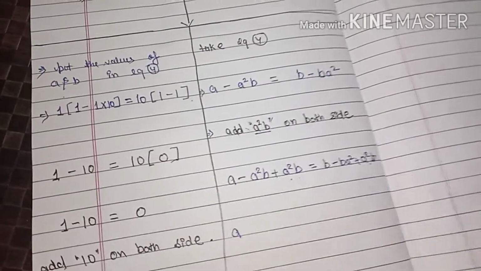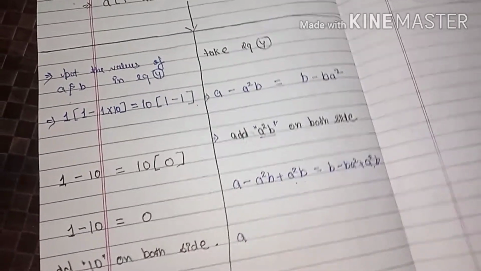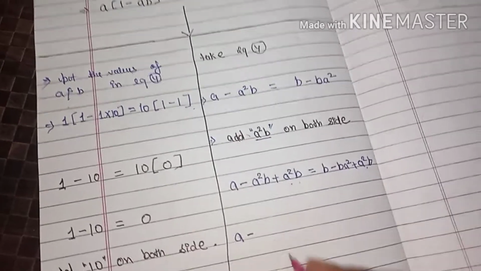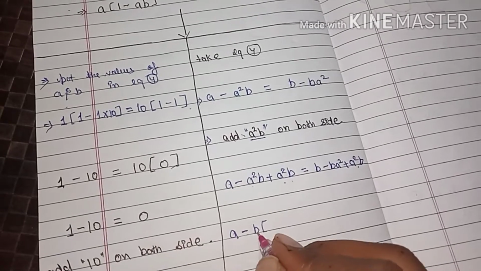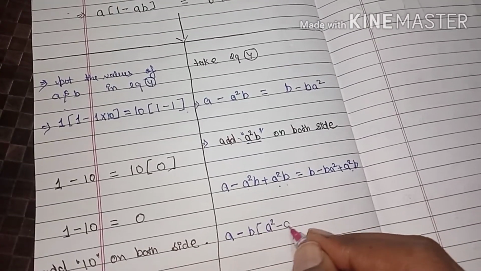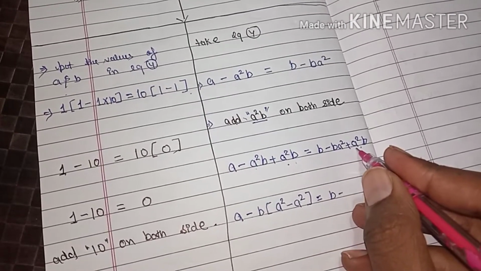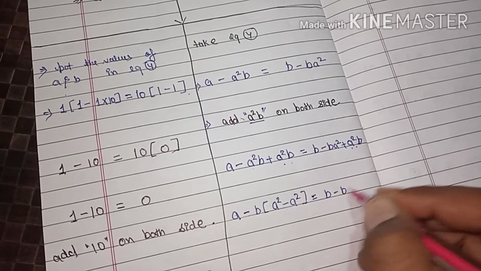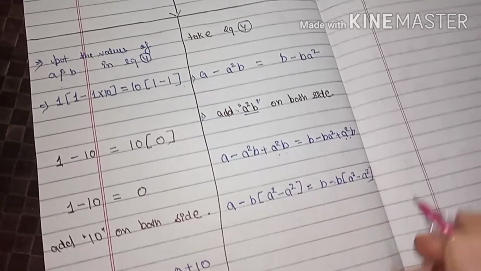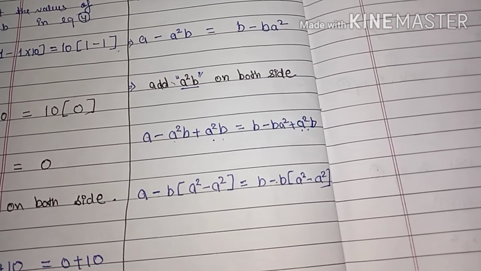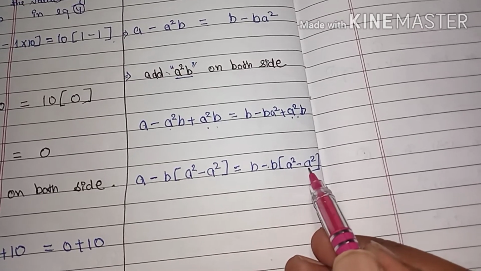So we do not cancel it, we take common B with minus sign. We get A square minus A square, is equal to B. Okay, so A square minus A square is 0.